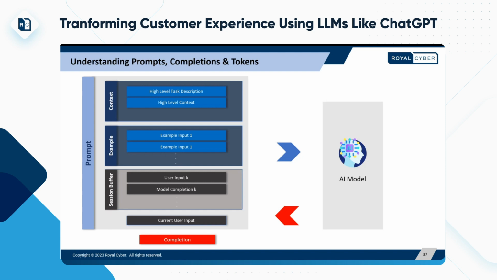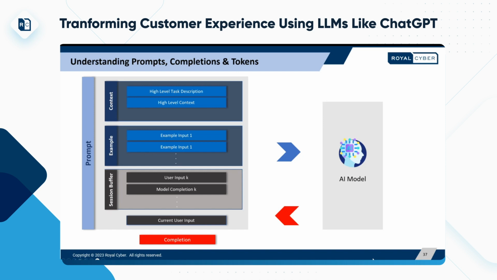Prompt-based learning is how the model starts its task before rendering a completion. So if you start from the top with the context example, and all the way down to a user trying to input more information and completion, and how it relates with the provider of the large language model. In this case, it's OpenAI, for example.